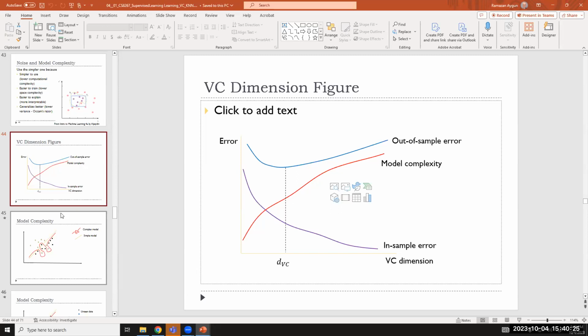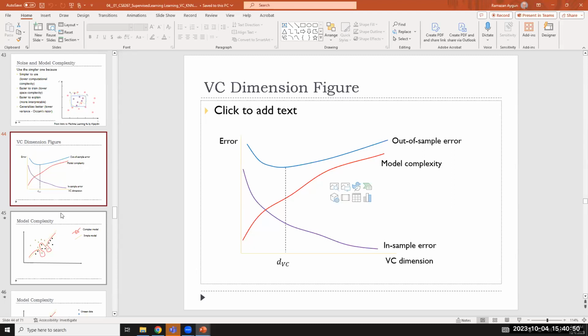We use this a lot also for deep learning or neural networks. You are going to see that training error continuously goes down. It can even be 0, but you need another data set to observe this better position. Whenever you see the error going up, you stop your training, and you choose that model to be your best model.